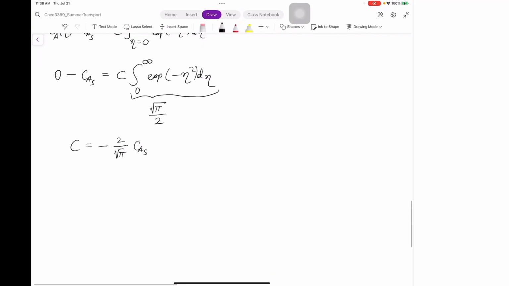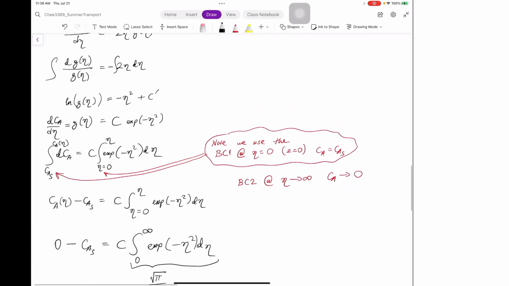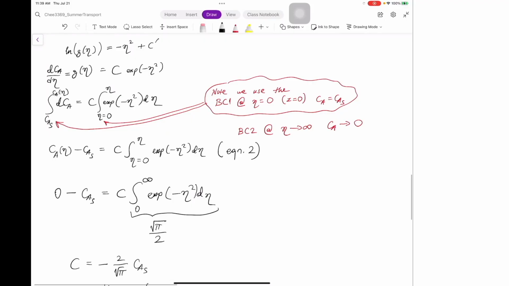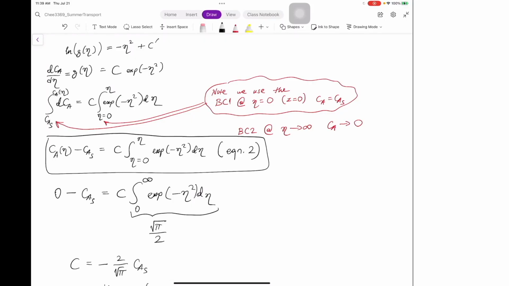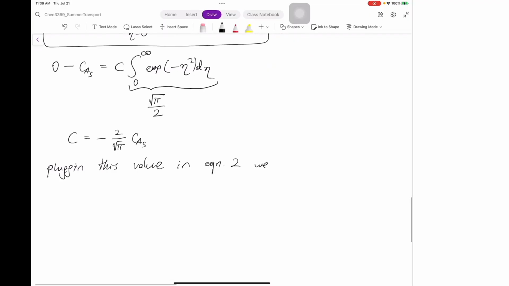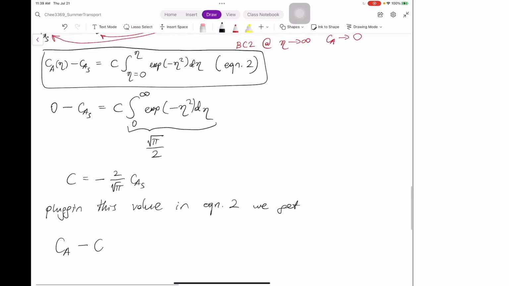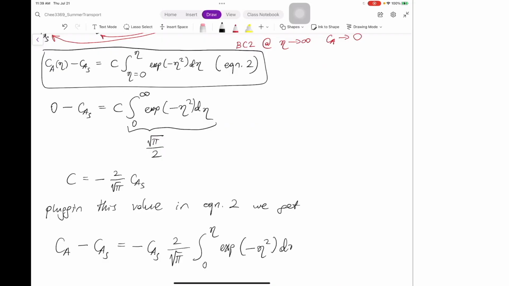Now plugging this value in, and let's call this one equation 2, we get CA minus CAS is equal to negative CAS times 2 over square root of pi times the integral from 0 to eta of exponential negative eta squared d eta.